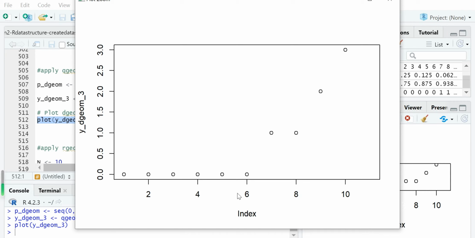Below 0.6 probability, you get very low integer values, because the probability of increasing here is very low. But between 0.8 and 1, it increases very fast for the integer values, because this part of the random variable has very high probability. So it increases very slowly here, then increases quickly.